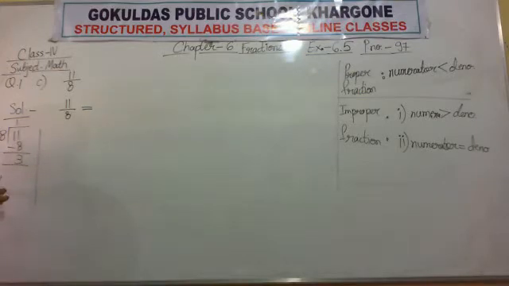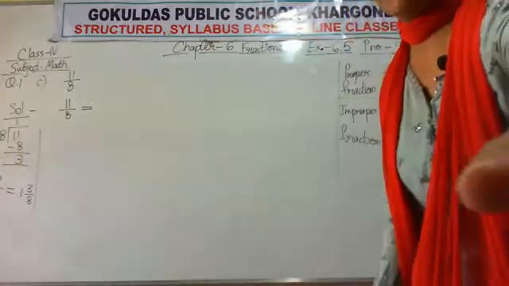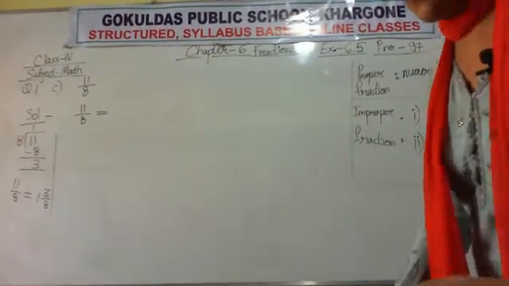So if I convert 11 upon 8 into a mixed fraction, my result is 1 and 3 upon 8.